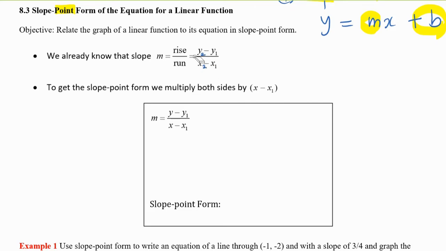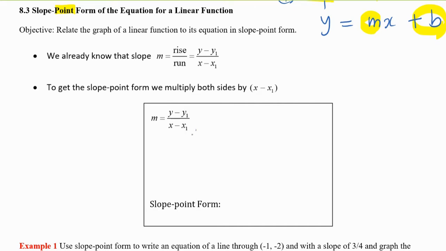So we're just going to use y and x. This is still change in y and change in x. So to make the formula, we're just going to use y minus y1 over x minus x1. It's still the slope formula, right? Rise over run is y minus y1 over x minus x1.